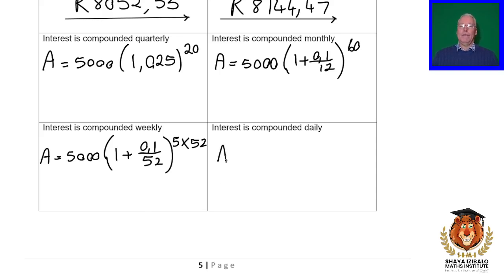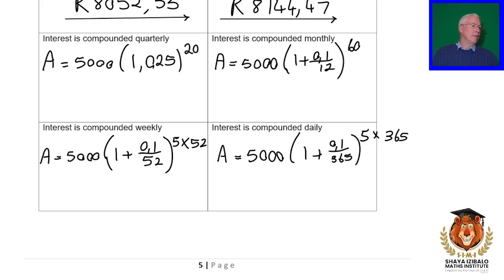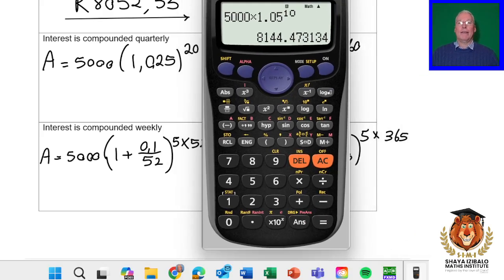And then daily would be 5,000 times 1 plus 0,1 divided by 365, and the exponent is 5 years times 365. Let's work out each of those numbers and see what they come to. We'll see that it keeps improving slightly each time.